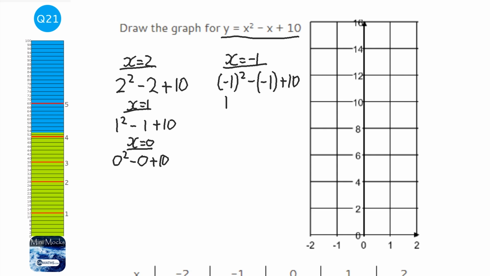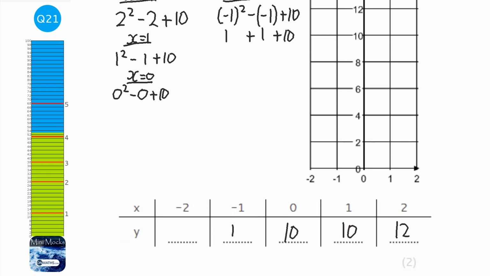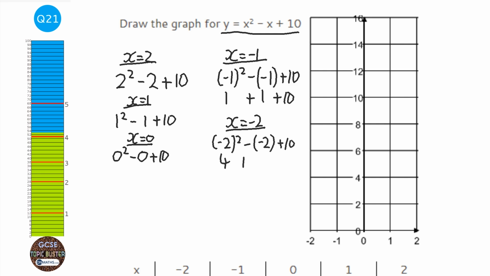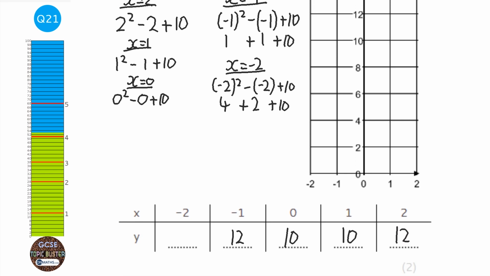Minus minus makes a plus, so that's going to be 12. And when x is negative 2, it's going to be negative 2 squared minus negative 2 plus 10, which is 4 plus 2 plus 10. 4 plus 2 is 6, plus 10 is 16.